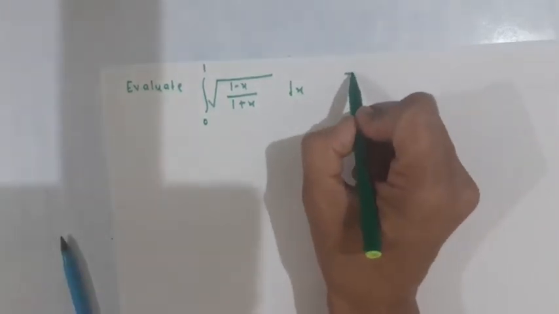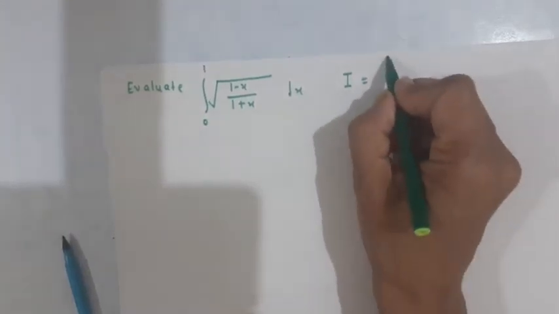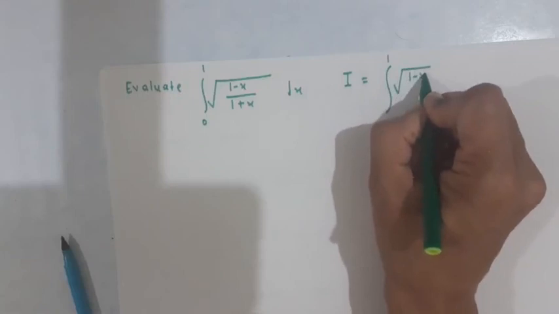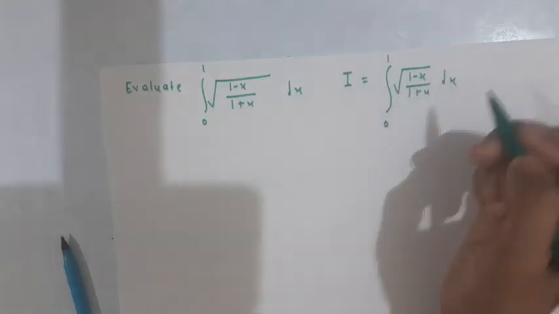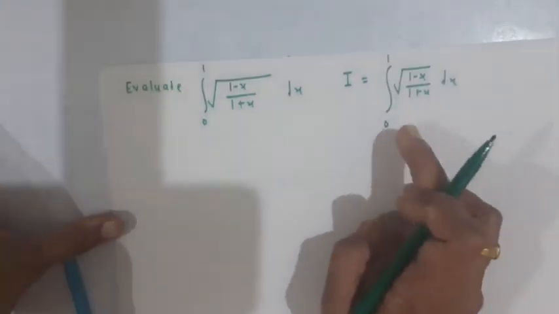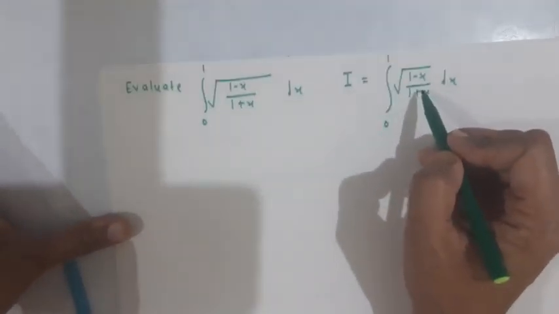Students, let us consider I equal to the integration from 0 to 1 of square root of 1 minus x upon 1 plus x. So we have solved such type of problem. In this problem, we multiply the numerator and denominator by 1 minus x.